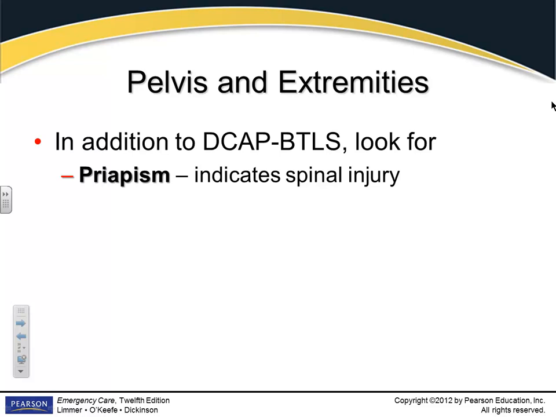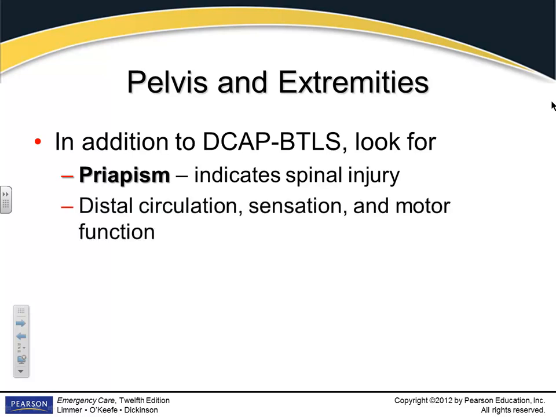When you see that, you know you've got a serious spinal injury and you need to get moving. Distal circulation, you're going to check PMS: pulse, motor, and sensory. I think they keep changing that acronym. What spine did you say was T6? It's usually around T6, so it's a lower spinal injury.